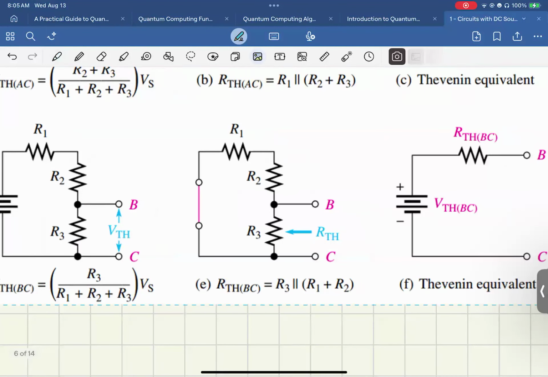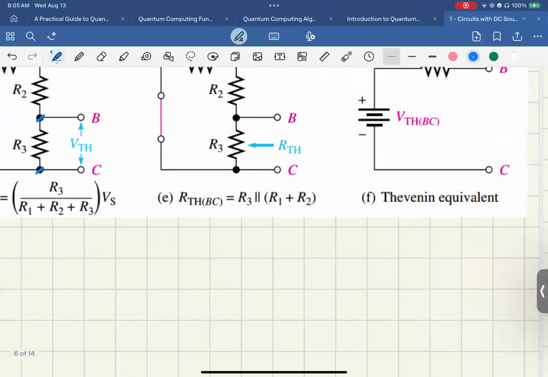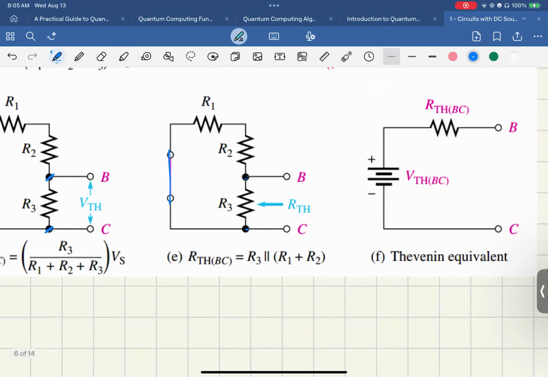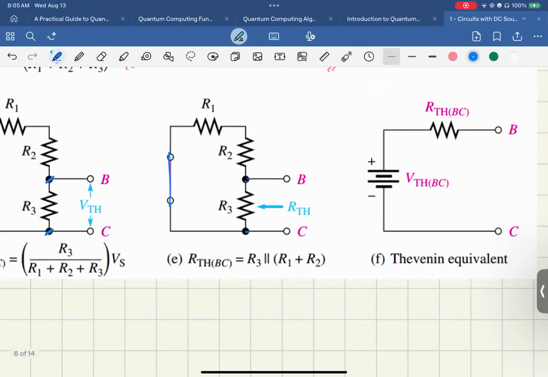Kasi now we're looking at R3 lang. So, which means na R3 will become, and if we short this, R3 will then be parallel to the sum of R1 and R2.